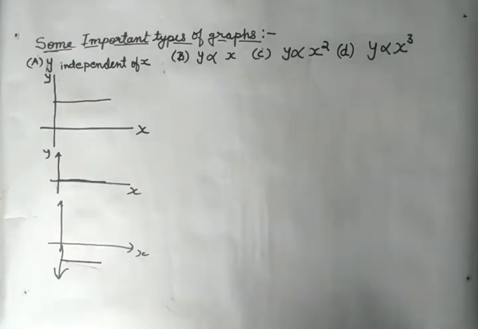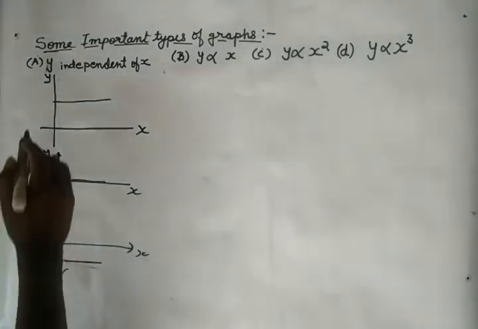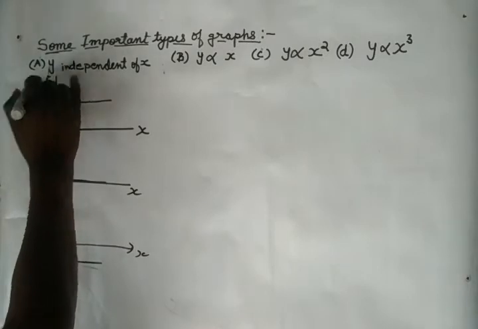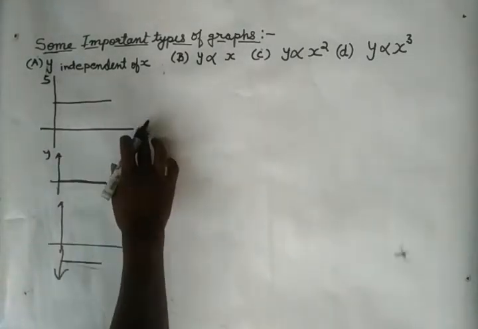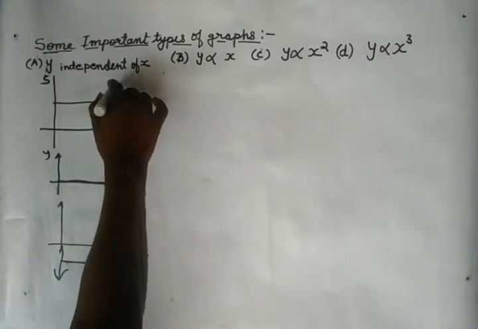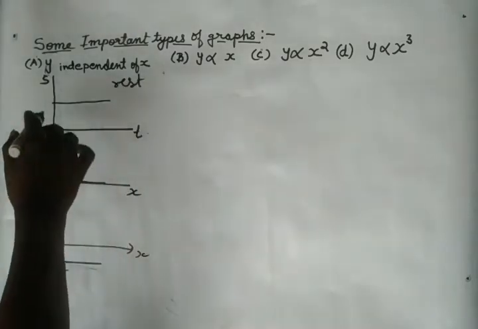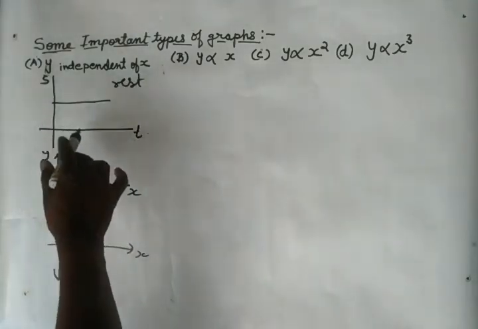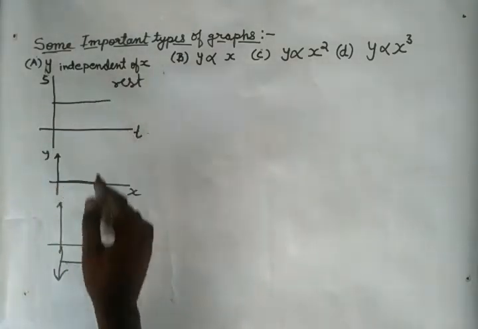Now for rest position, it resembles the case of the ST graph for rest position. So if I change this to S, displacement, then for rest position, if its initial position was somewhere here, with increase in time it will remain the same.